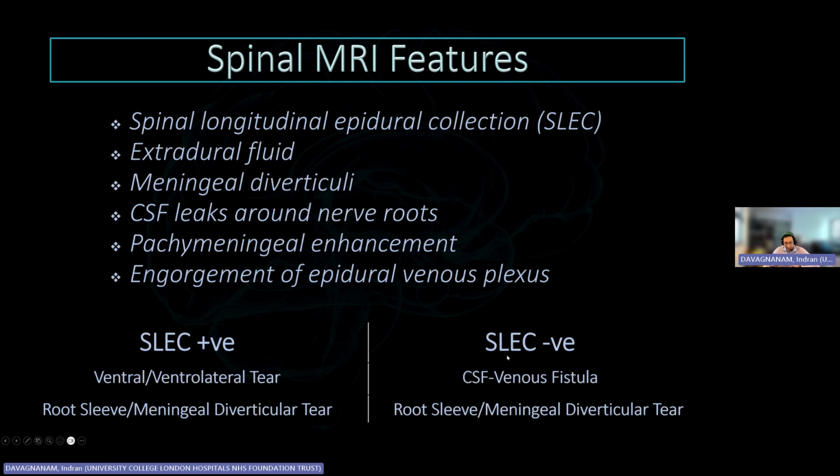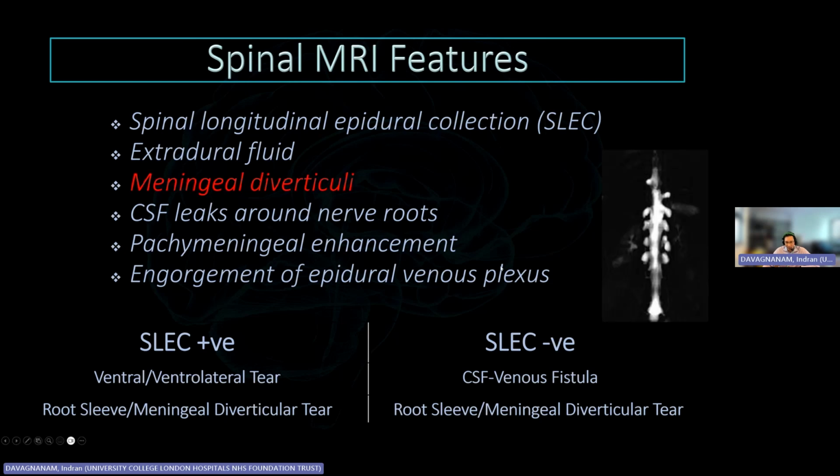And if you don't see a large collection, we class that as being SLEC negative, then your scrutiny should be looking for a type 2 or a type 3 leak. So it's really helpful in that regard in terms of dichotomizing patients into the next stage of treatment or investigation and how you would approach those investigations.